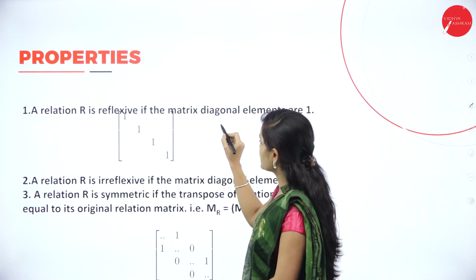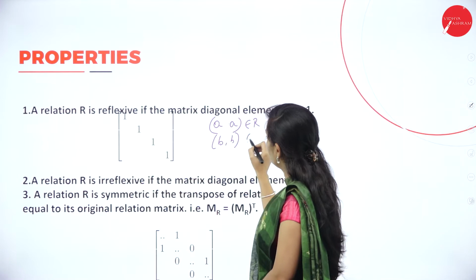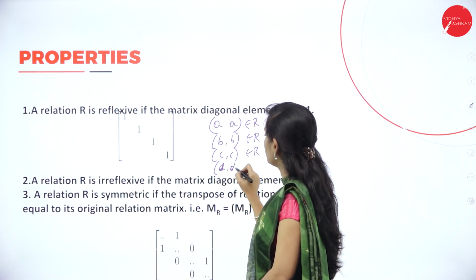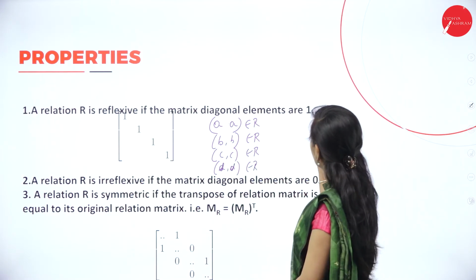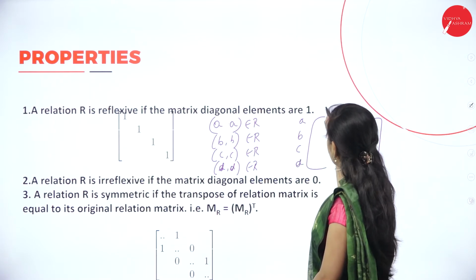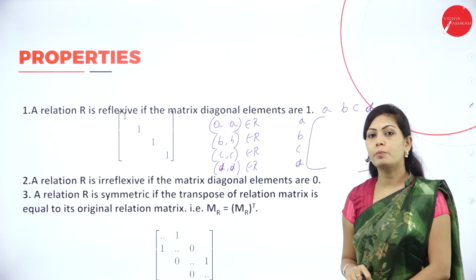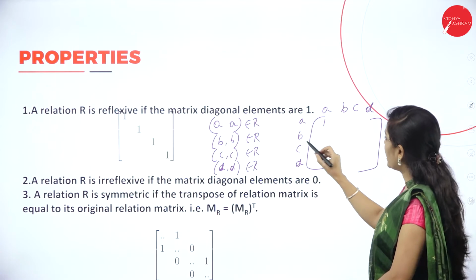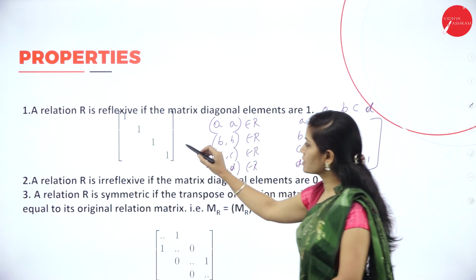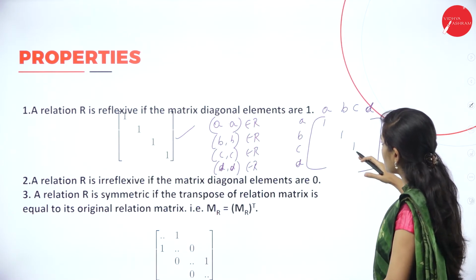Reflexive in the sense (A, A) belongs to R, (B, B) belongs to R, (C, C) and (D, D) belong to R. Here we have a matrix representation for A, B, C, D by A, B, C, D. So R is reflexive if the matrix diagonal elements are 1.